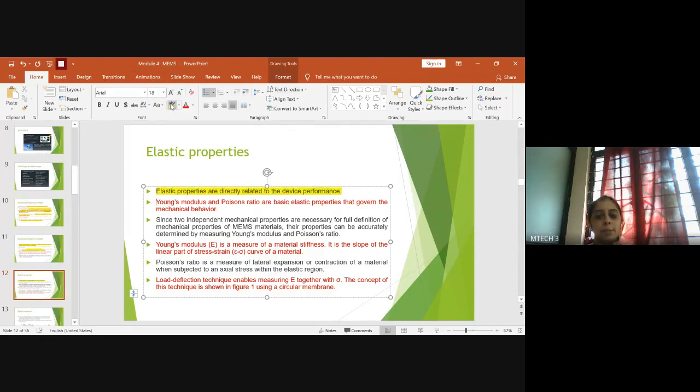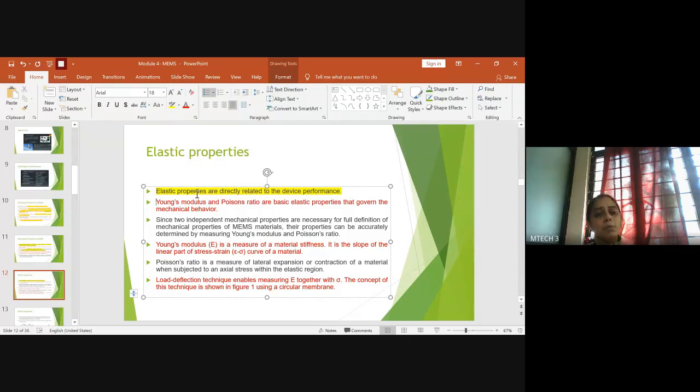It mainly depends upon how flexible your device is, what is its elastic nature, right? Based on it, the yield or performance of the device could be evaluated. Hence it is very essential for anyone to know the elastic property of the material you are using to make a MEMS device.